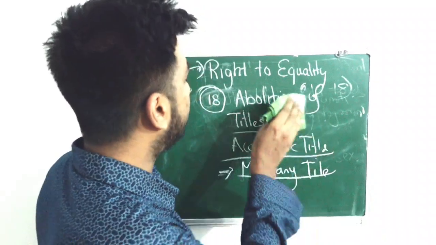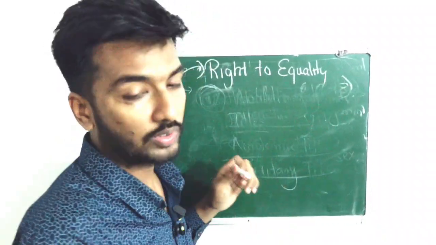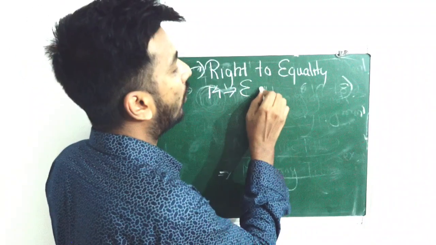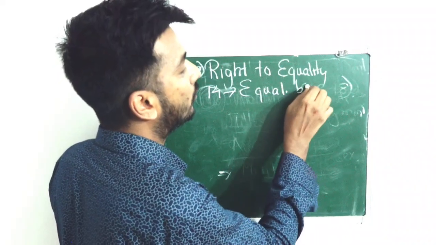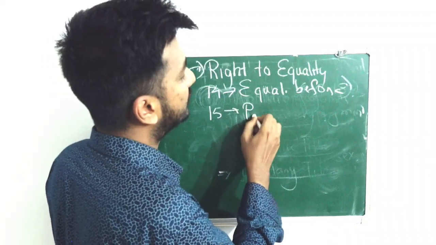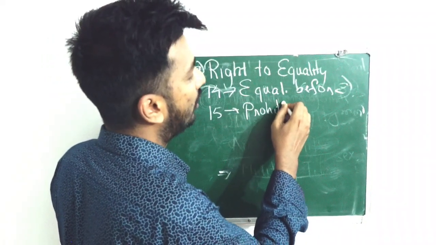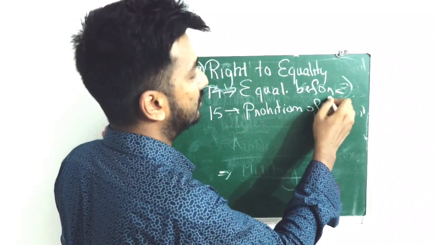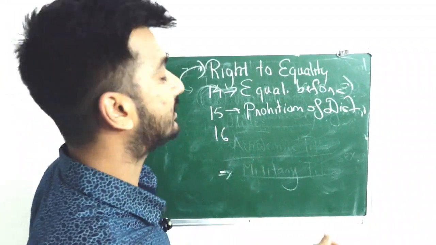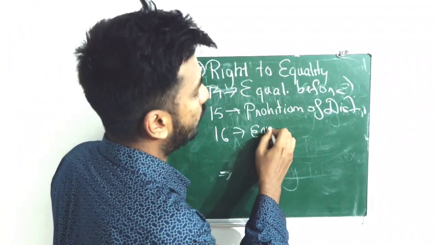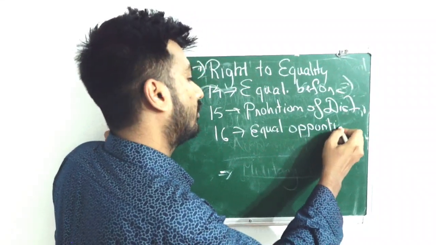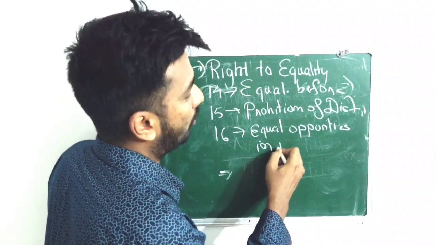Let's give a brief quick recap. What is right to equality? Article 14 is equal before law. Article 15, prohibition of discrimination. Article 16, equal opportunities in public jobs.